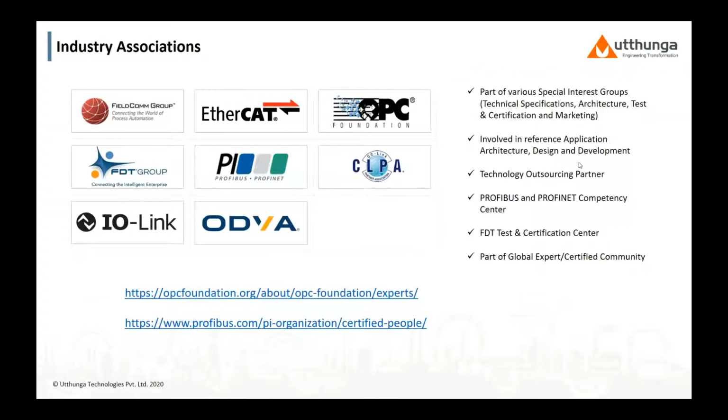We hear this adage a lot lately: data is the new oil. Even though overused, data has tremendous power. There is a huge amount of raw data locked in sensors and devices and equipment. At Utthunga, industrial connectivity is the foundation of who we are as a company.